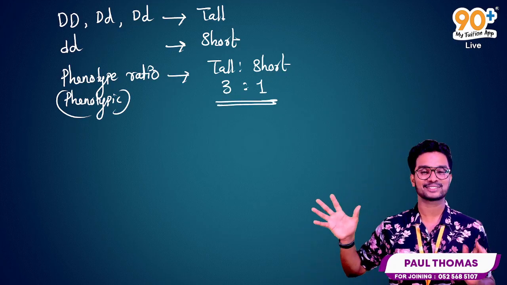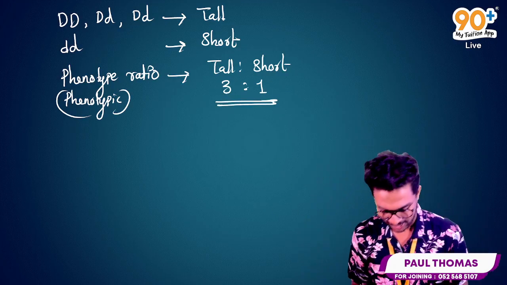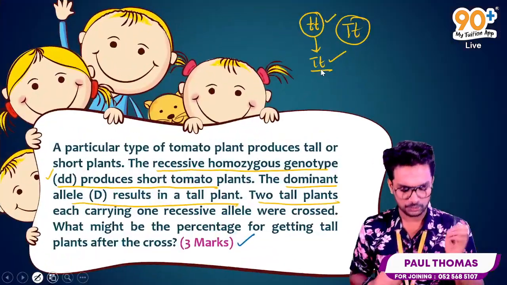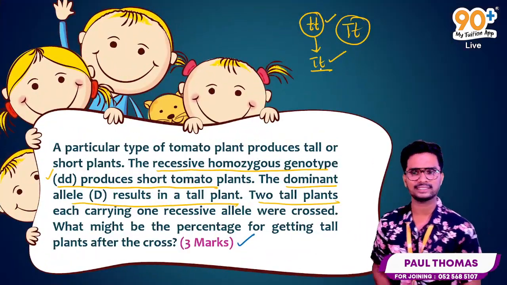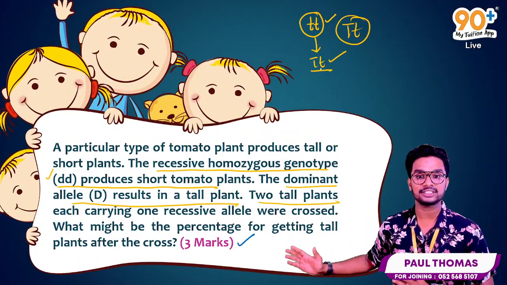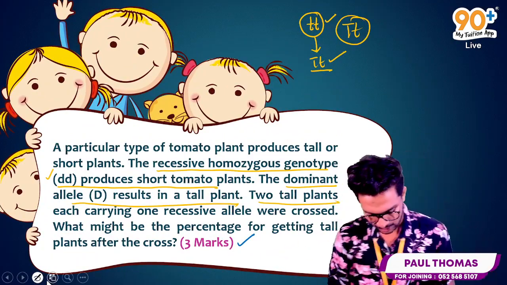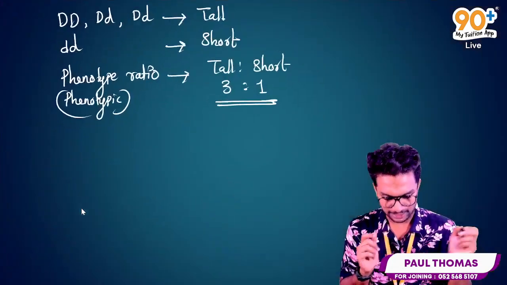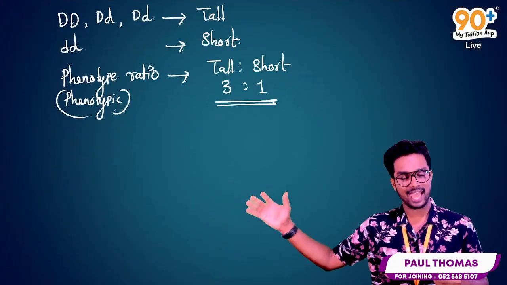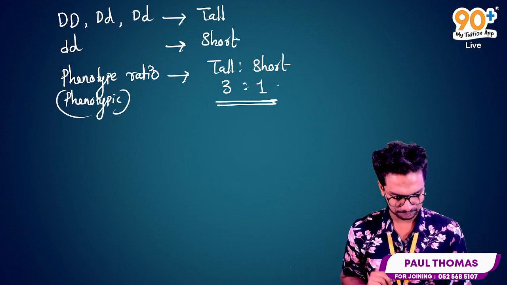We didn't get the answer actually. We got somewhat of a conclusion point. And the question, now you go back to the question. The question was, what might be the percentage for getting tall plants after the cross? So we just crossed all the things and we got 3 as tall and 1 as dwarf.